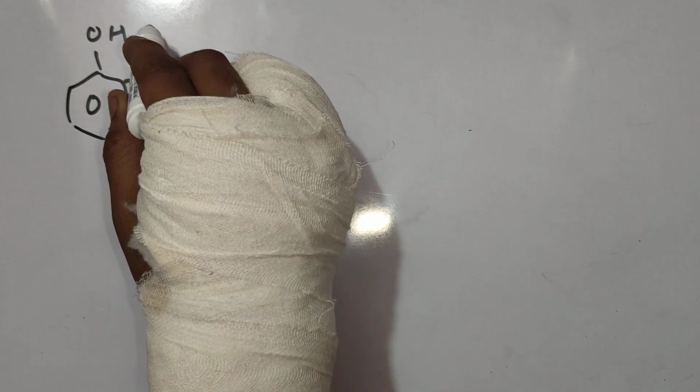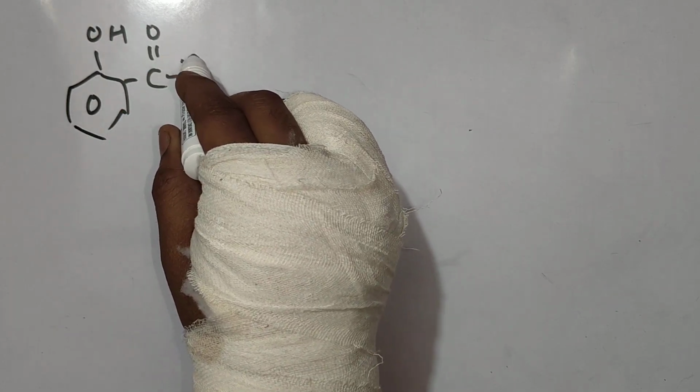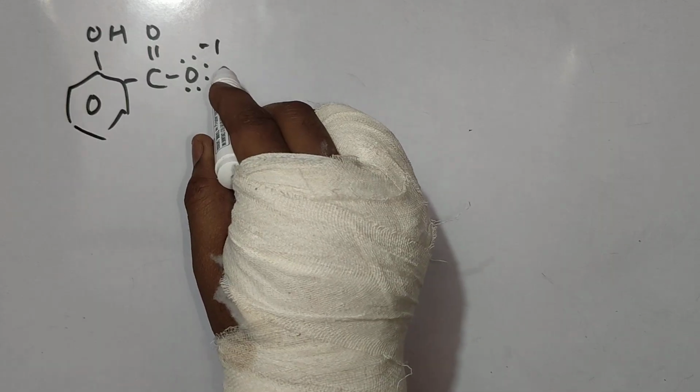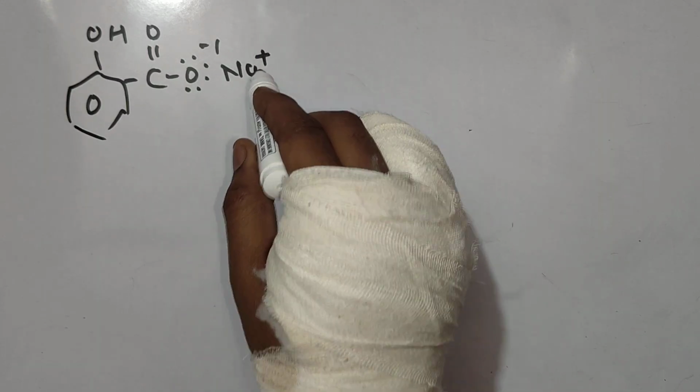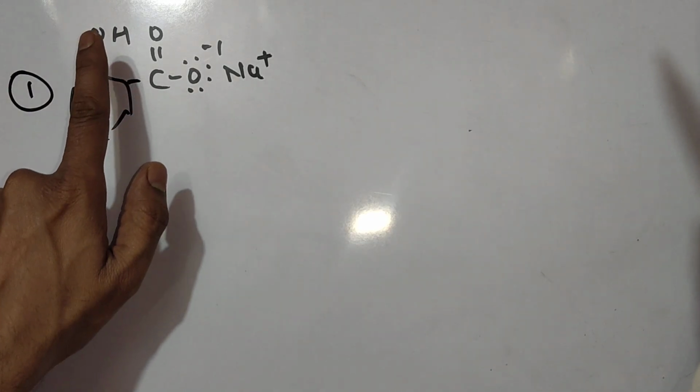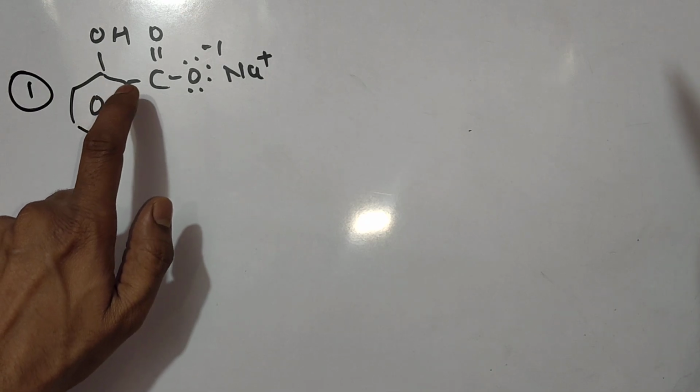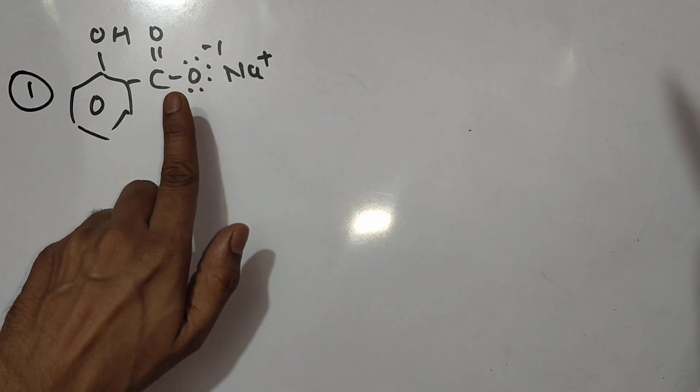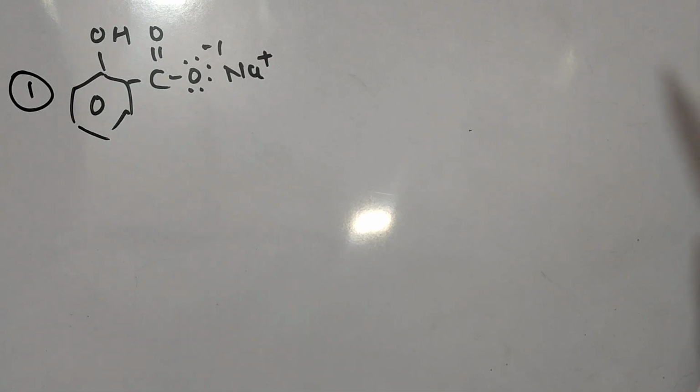First, that reaction is: this is sodium salicylate, benzene ring connected with OH. On the ortho position of OH, the COO negative sodium group is attached. Oxygen and sodium are making an ionic bond with each other.